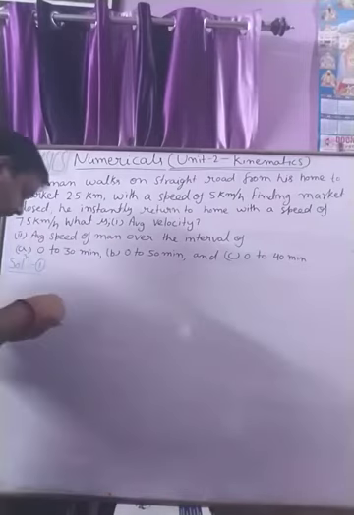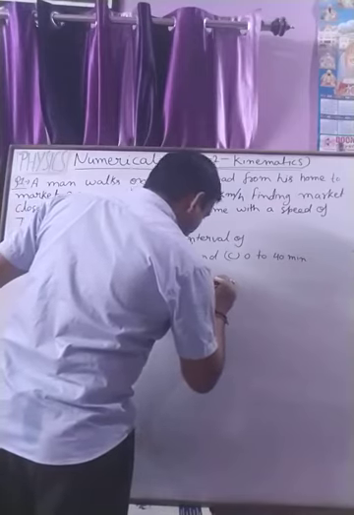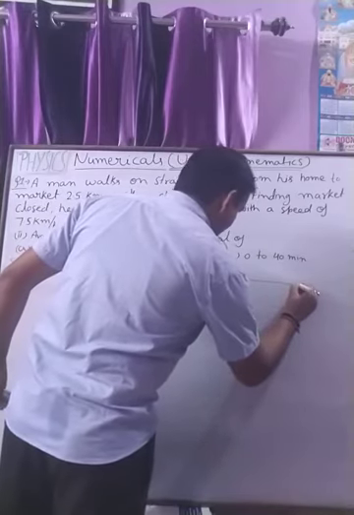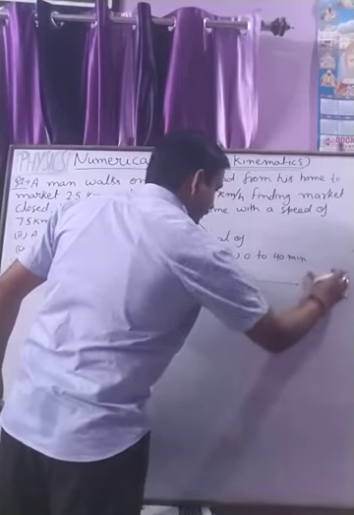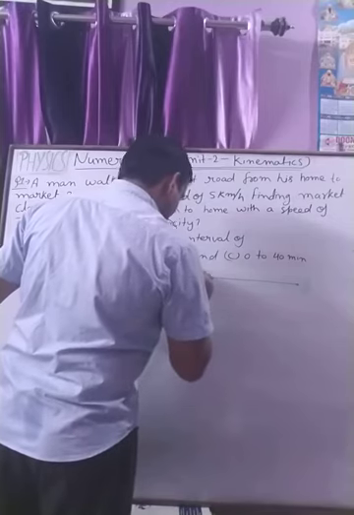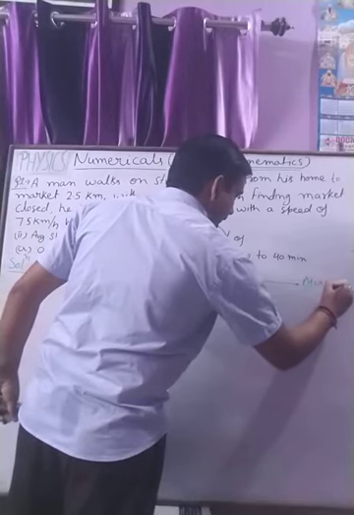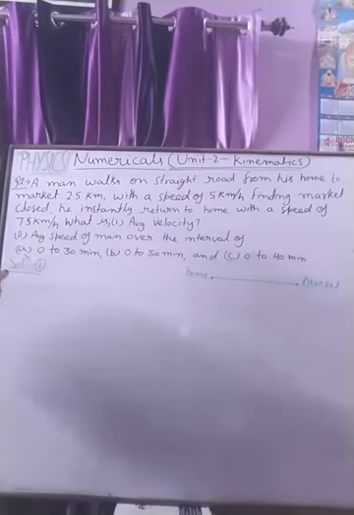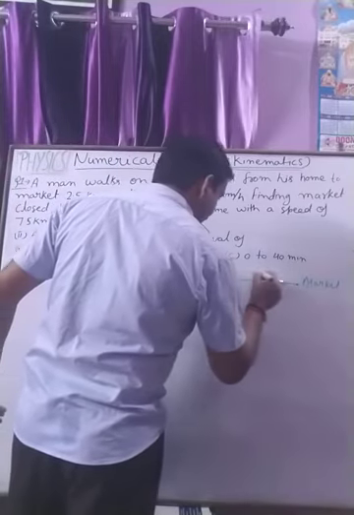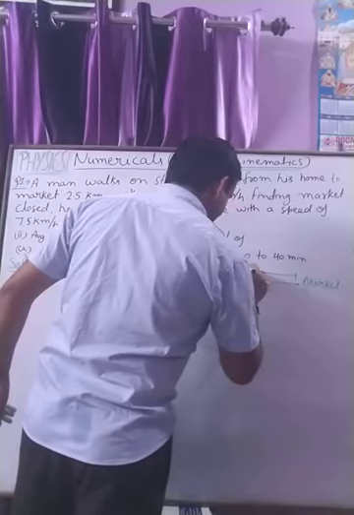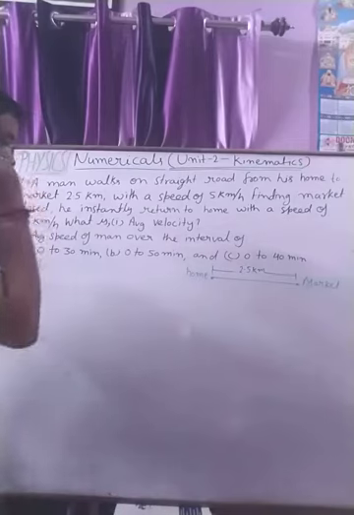Now suppose a man is moving from point A to point B, or we say home to market. It is given that the distance from home to market is 2.5 kilometers.